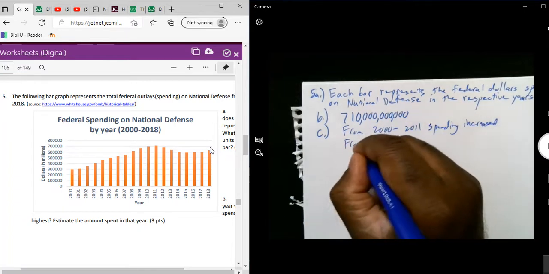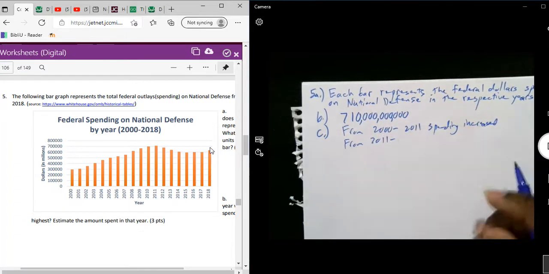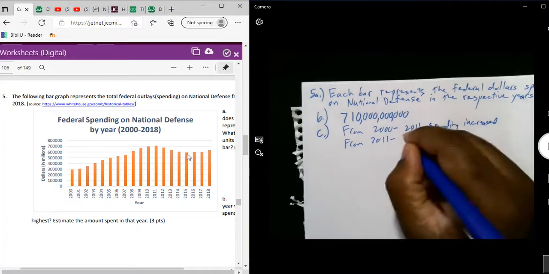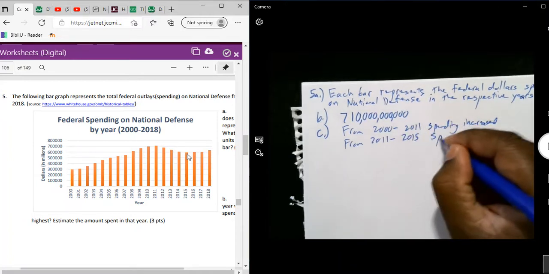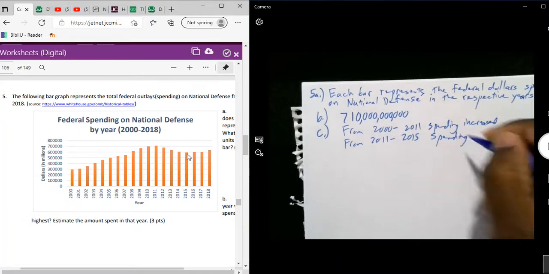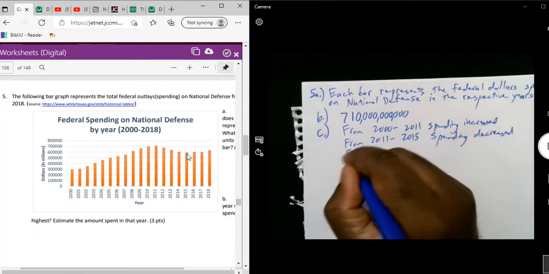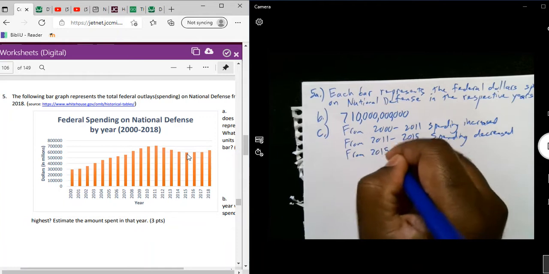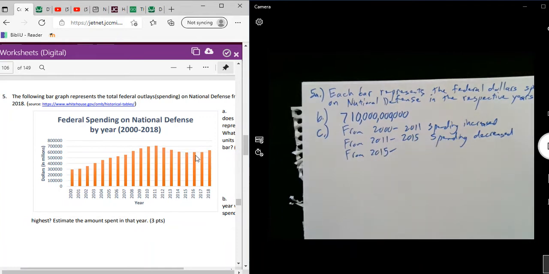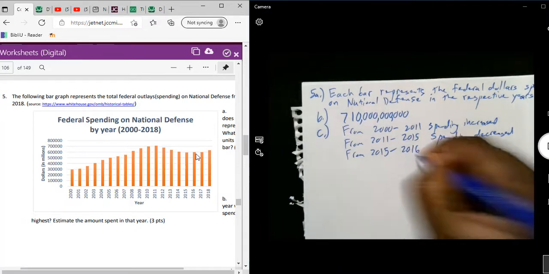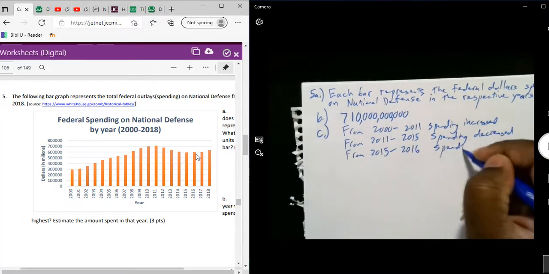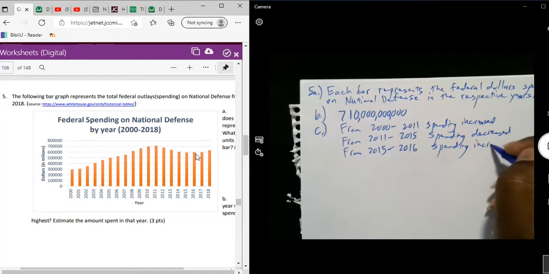And then from 2011 to 2015, spending decreased. So from 2015 to 2016, spending increased.